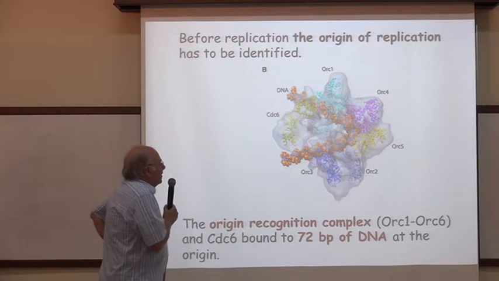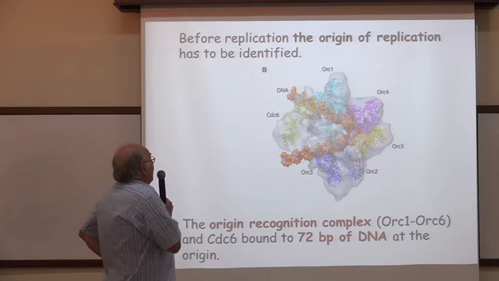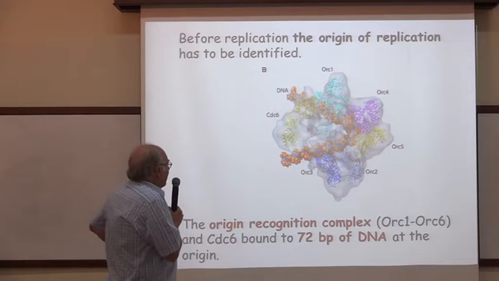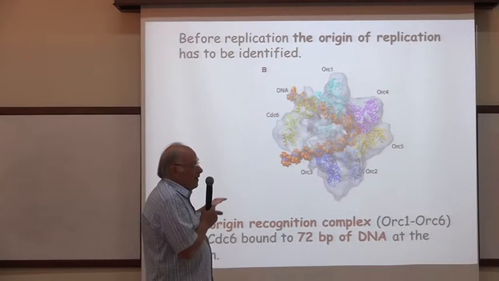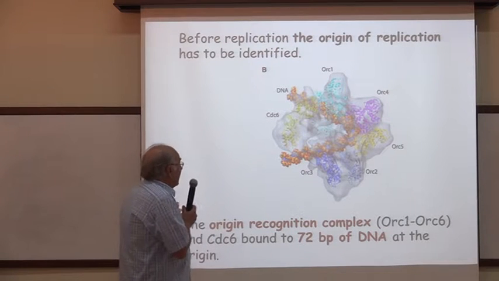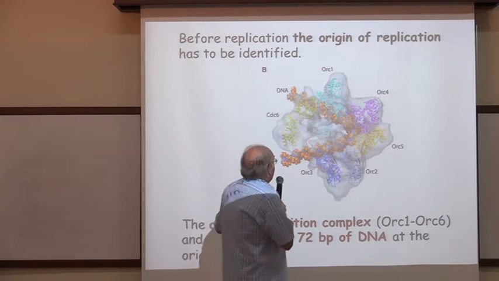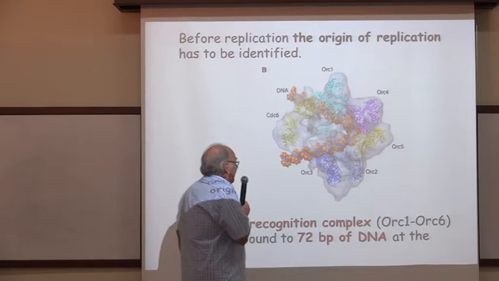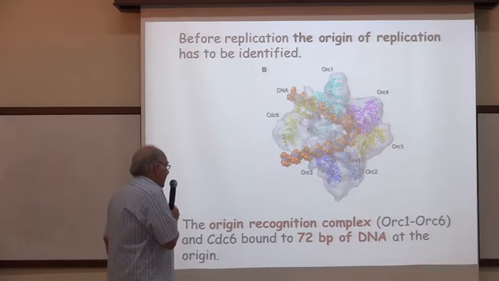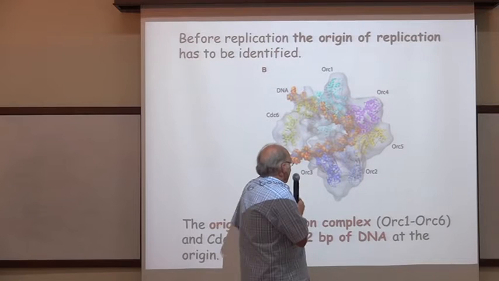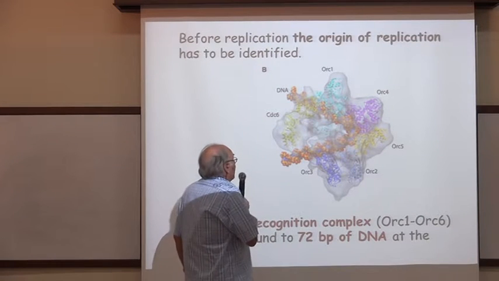And here is now a structural understanding of the complex that is involved with the recognition of the origin of replication. So here's a piece of DNA, in this case roughly 72 base pairs long, and then a complex set of proteins which are engaged in this origin recognition.